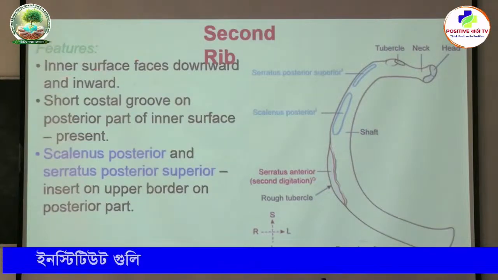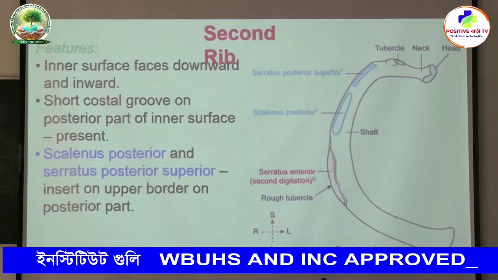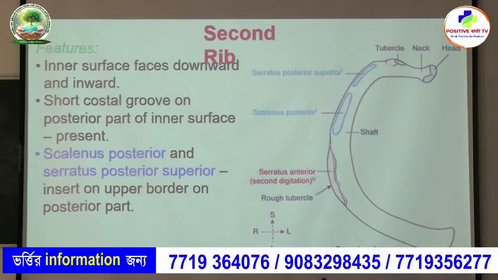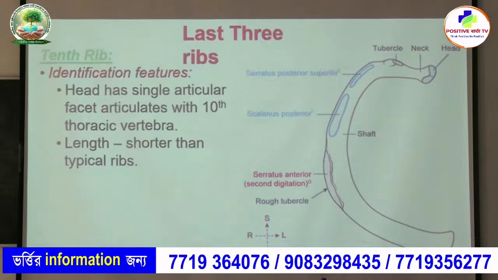What are the features? The inner surface faces downward and inward. A short costal groove is present on the posterior part of the inner surface. Scalenus posterior and serratus posterior superior insert on the upper border in the posterior part here. So you see the second rib.